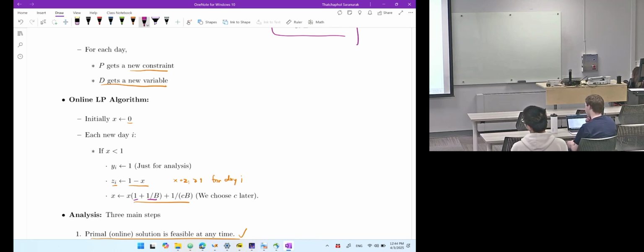That's how you can think about it. You increase with this rate, so after B days, it should be 1.